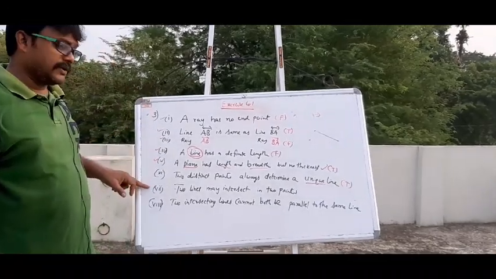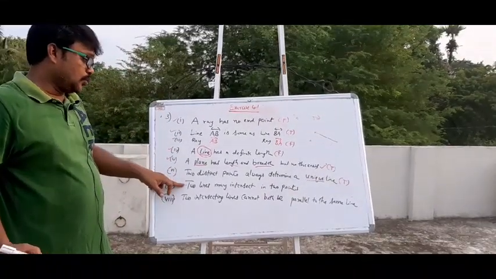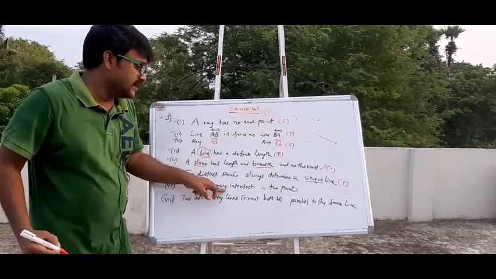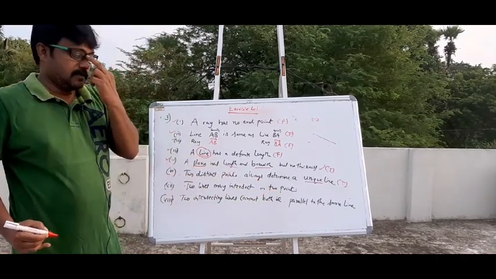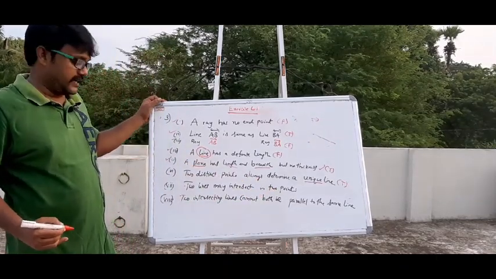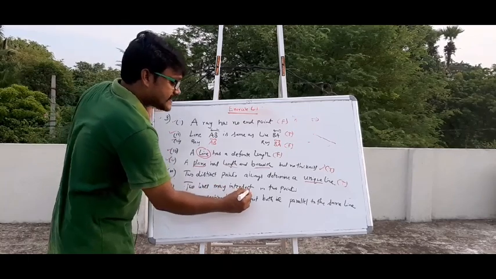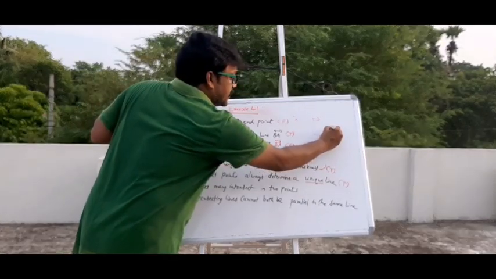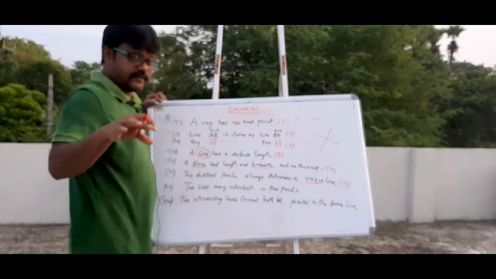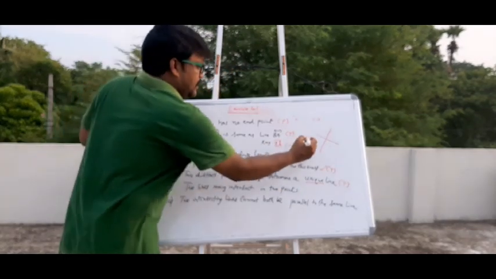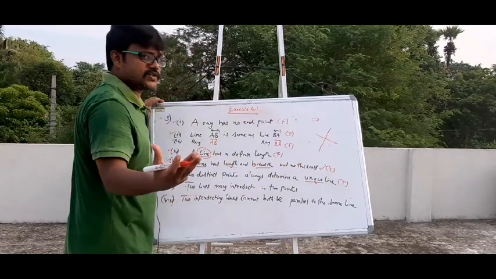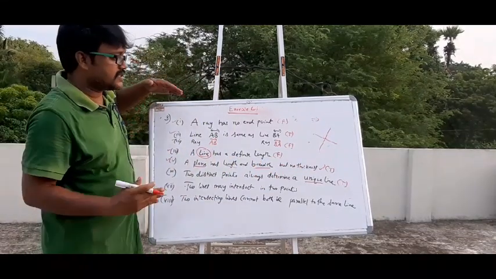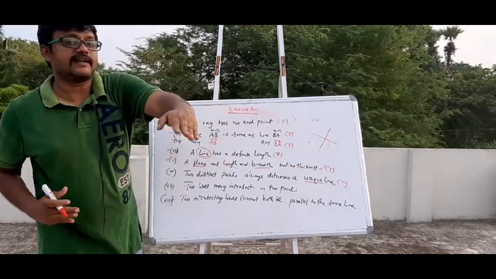And let me go to the seventh one. Two lines may intersect in 2 points. Read the statement carefully. Suppose I take one line like this and one more line like this, in how many points can they intersect? If they intersect at only 1 point, there is no question of intersecting at another point.